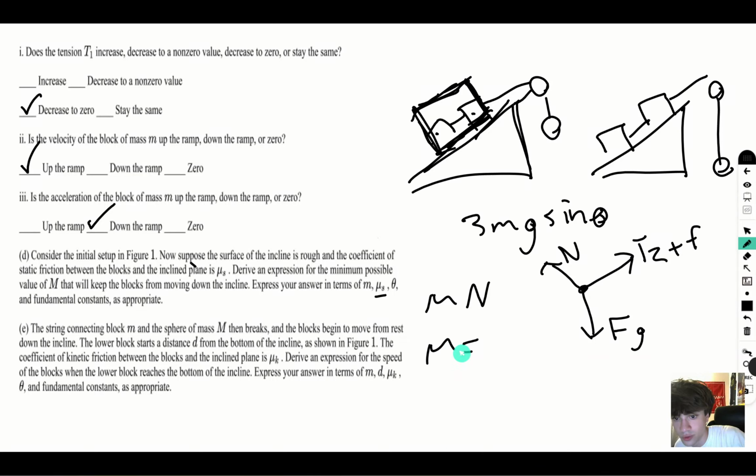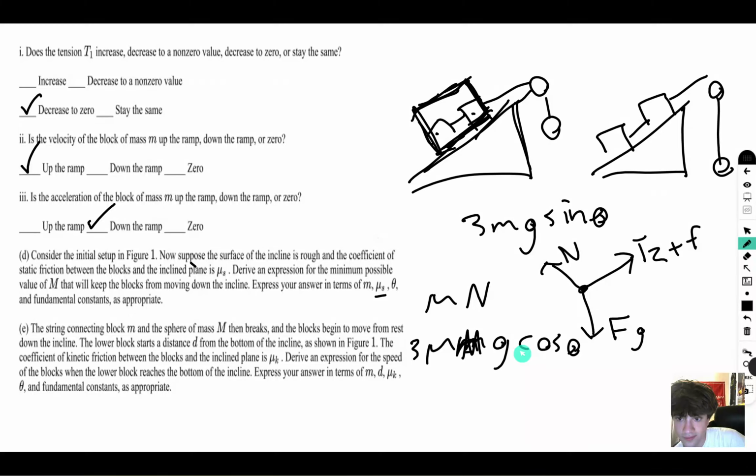So our frictional force can be written as mu mg cosine theta. But keep in mind that when we're talking about m, we're talking about the mass of the entire system, which is 3 little m. So our frictional force is 3 mu little m g cosine theta. Our T2 is going to be equal to big mg.